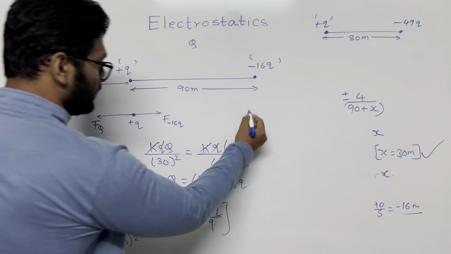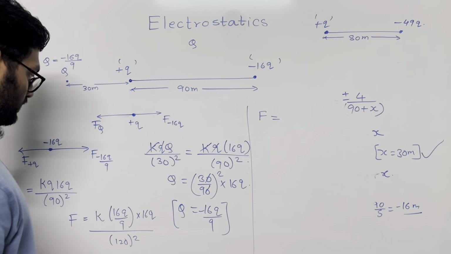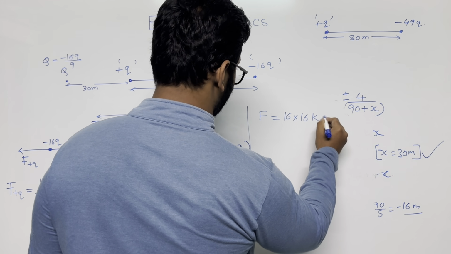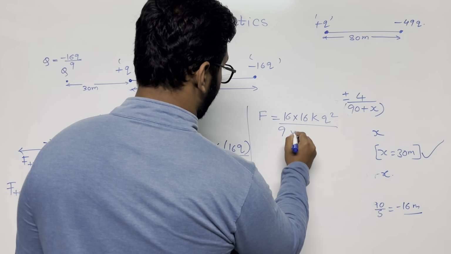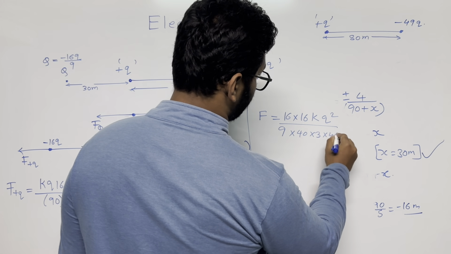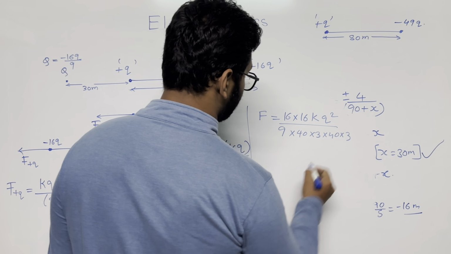So let's do that here. This force F is equal to 16 into 16 Kq square divided by 9 into 120 square. And 120 can be written as 40 into 3, and this is 40 into 3 again. So right now this is 3 into 3, 9.